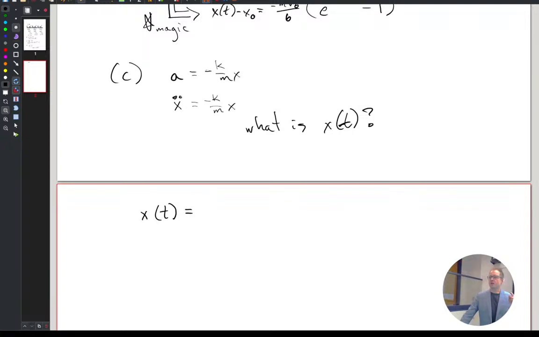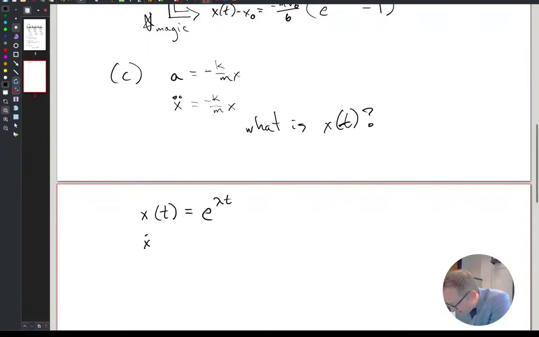What's a function where if you take a derivative, you end up with the same function? e to the x, right? So let's say it's e to the lambda t, where lambda is just something.